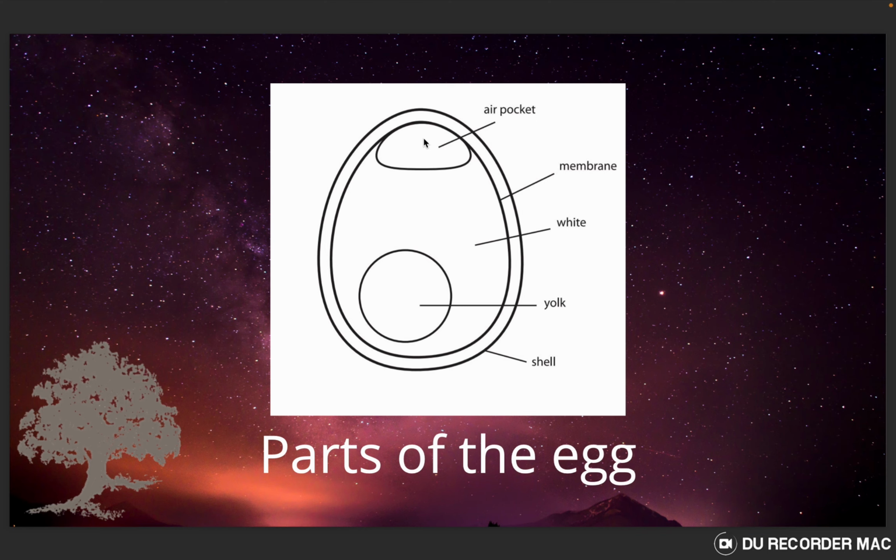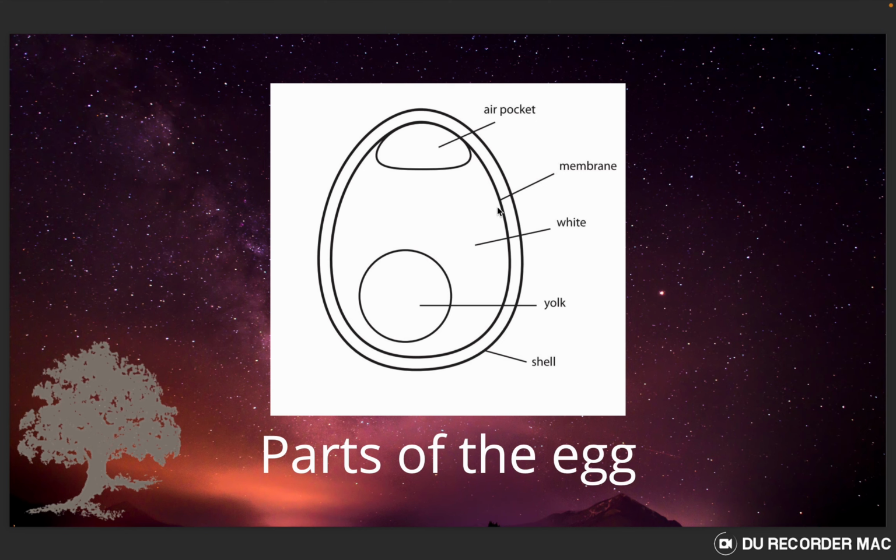Did the acid go through the air pocket too? Maybe not, because it's just air. But how was it able to go through the eggshell and the membrane?